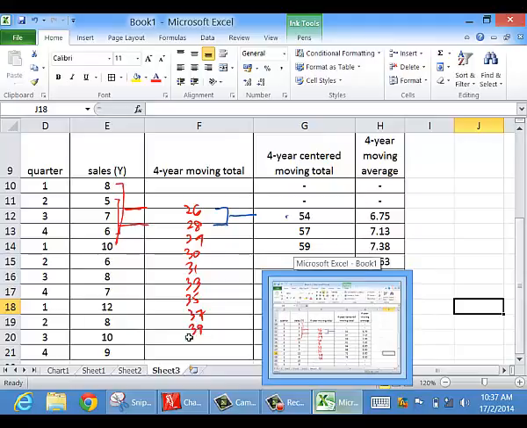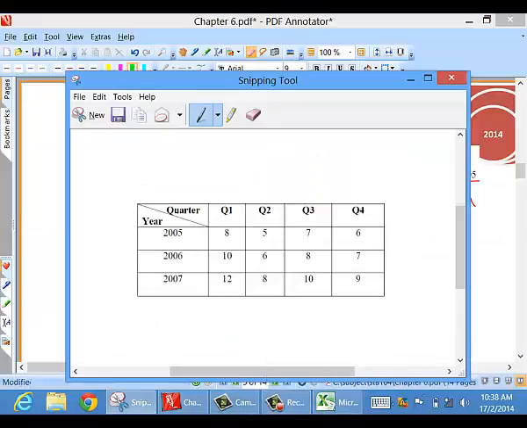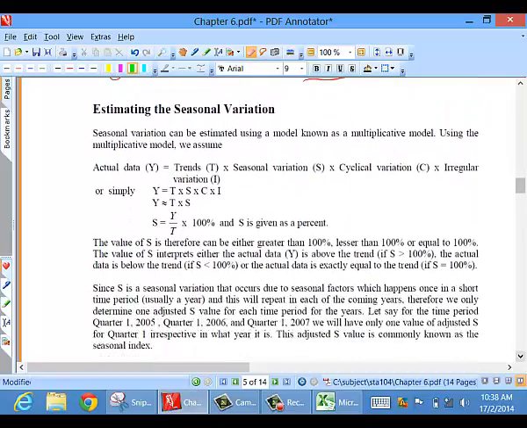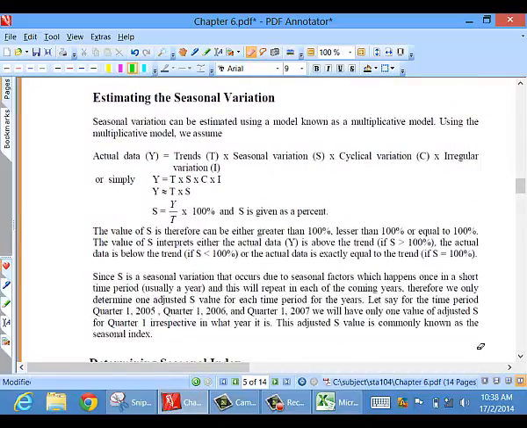Okay, we continue. So the next topic, estimating seasonal variation. You need to know, in time series analysis we only have two objectives. First objective, to estimate the trend, to see whether the data has an increasing trend or a decreasing trend.